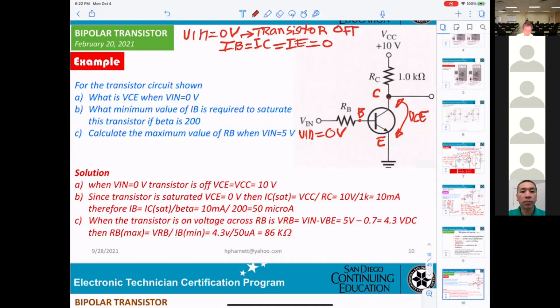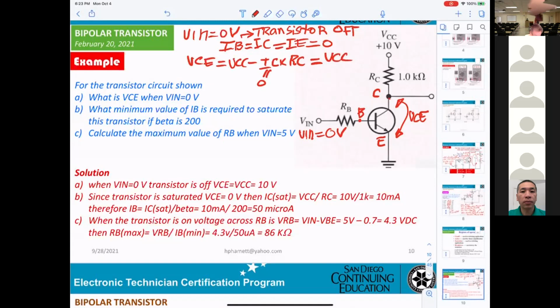Okay, it's like an open. If you want to get the VCE, it equals VCC minus IC times RC. And IC, you know, equals 0. So VCE equals VCC.